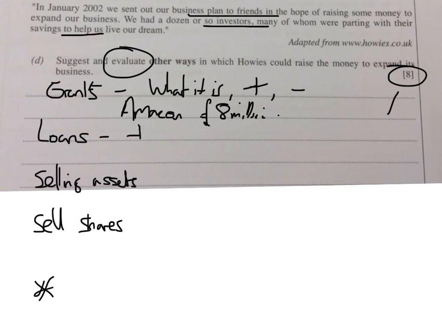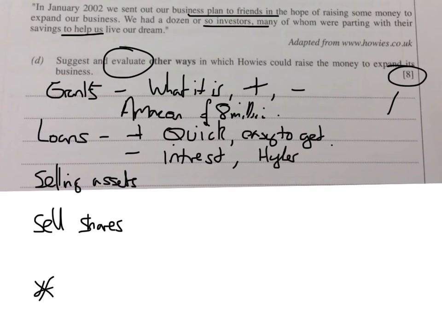The plus point about a loan is that it can be quite quick. If you've got a good credit history, it's quite easy to get. But if you haven't got a good credit history, it's not easy to get. Then the downside, though, is you have to pay back interest. And also, the smaller, less successful the business you are, probably you're going to have to pay higher interest.